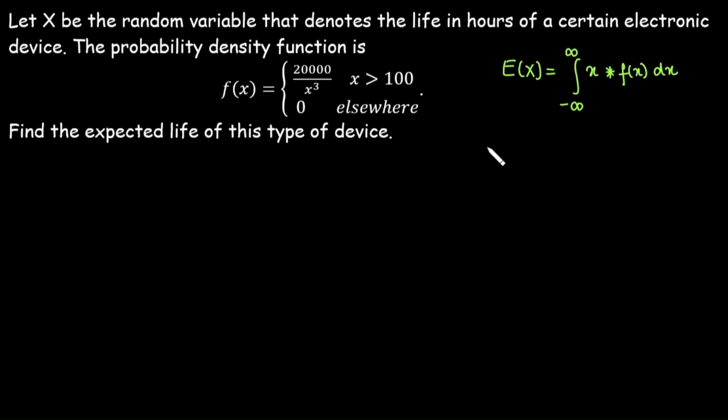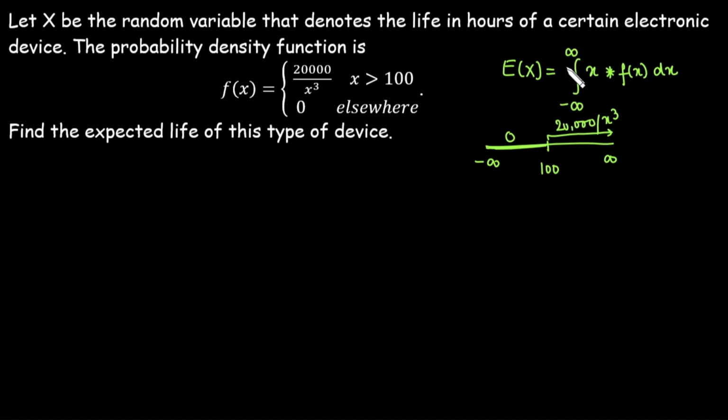यहाँ पे in general we are taking minus infinity to infinity, but the function is defined when x is greater than 100. In that case, we have the function value 20,000 by x cube. Otherwise, it is 0.